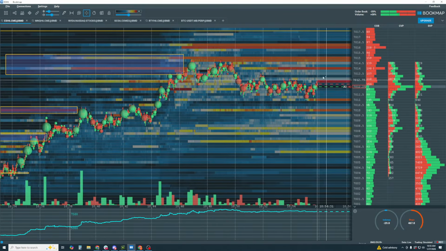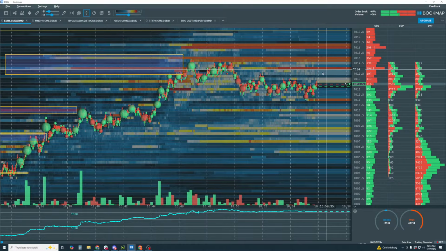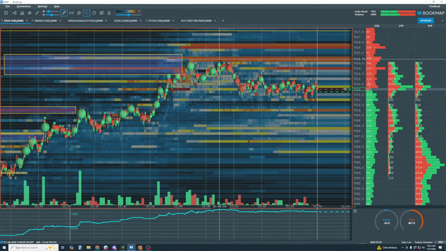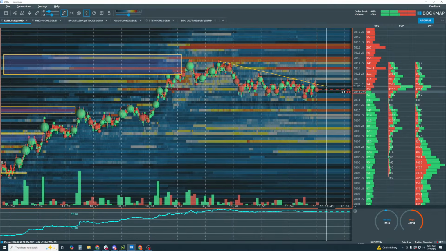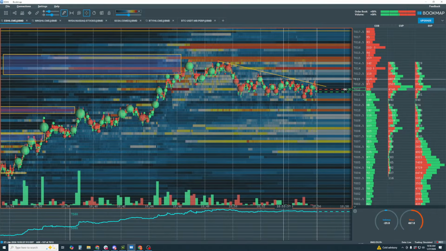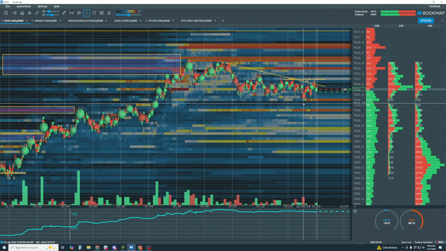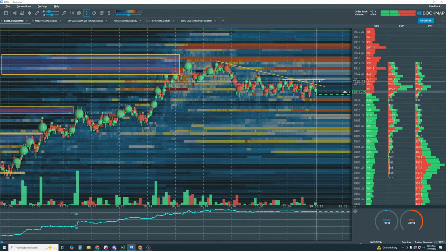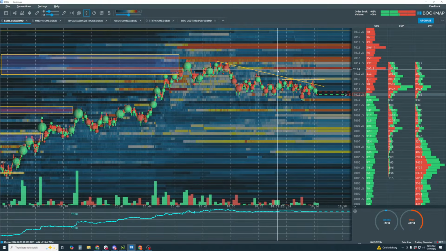So now, are we going to get buyers being able to bust this little zone and go higher? Putting our structure in, horizontal and diagonal, we want to see buyers back up here.